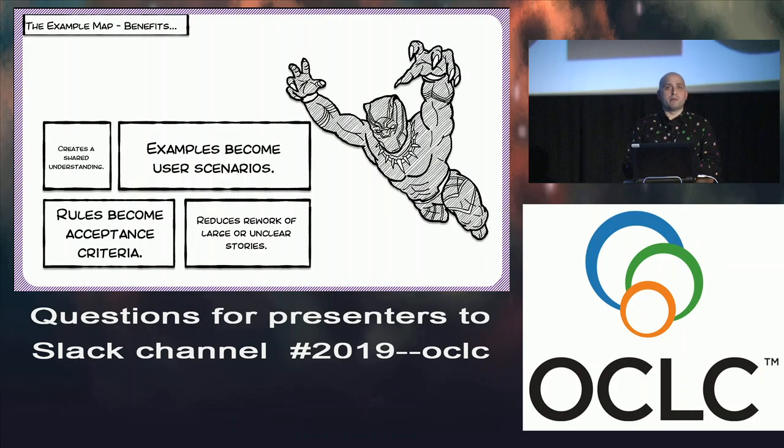So what are the benefits of us using example mapping? Well, those examples become our actual test scenarios, our functional end-to-end scenarios. Those rules that we have written, those are our business logic that become ultimately either our unit or more likely our integration tests that the developers are going to work on. Those questions are something the business analyst can take back and work with the product owner to address.